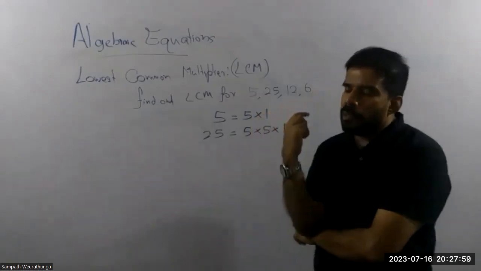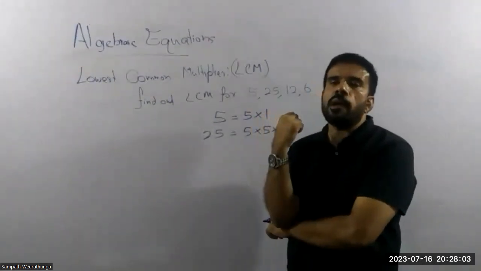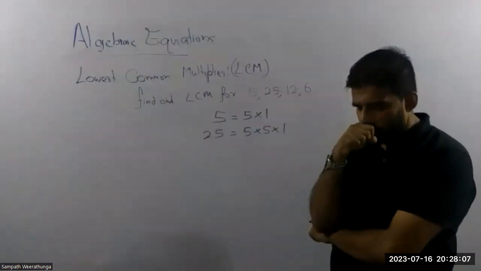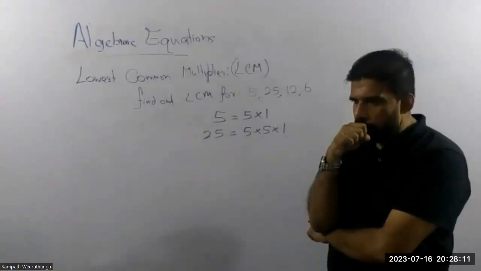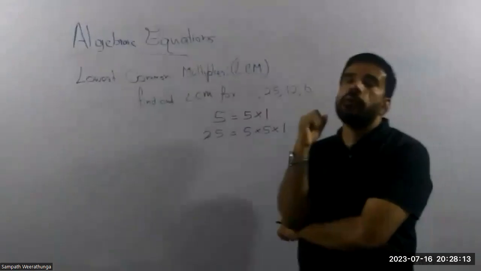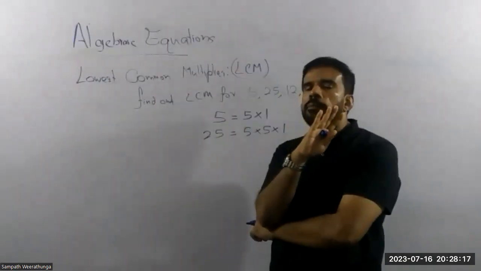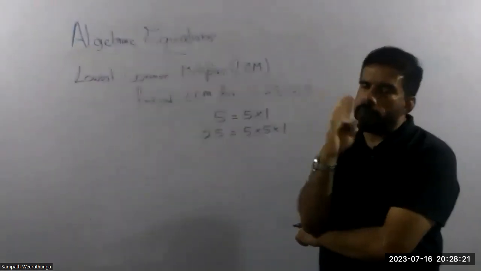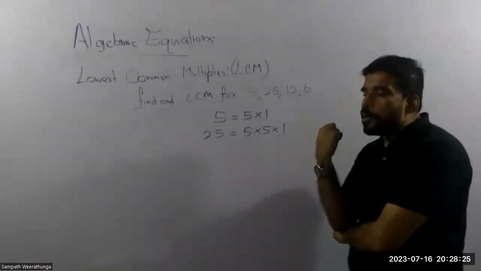So later on you will understand the importance of those two numbers, 0 and 1. In mathematics, 0 and 1 are the most important numbers. There are some other numbers we can do later on. So that's why I am giving that importance here.